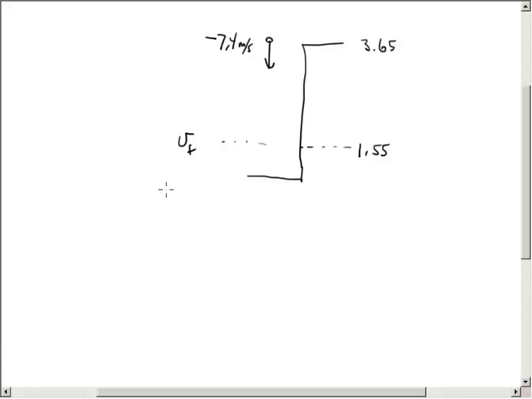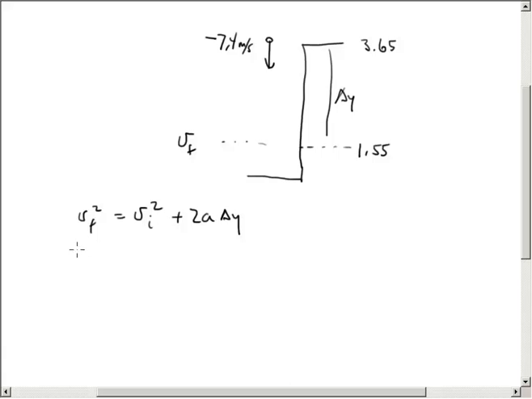Well, now I ask, is there a relationship or an equation that contains my initial velocity, my final velocity, the distance I travel, and the acceleration due to gravity? And if you recall, there's an equation, vf squared equal vi squared plus 2a delta y.